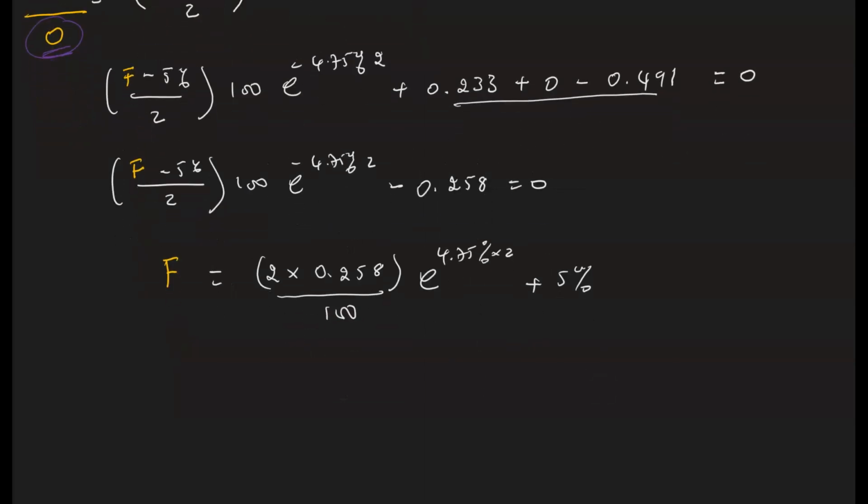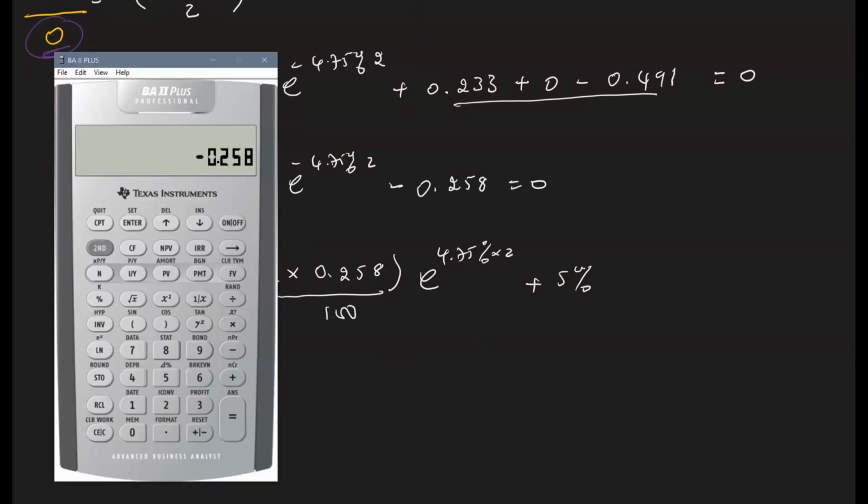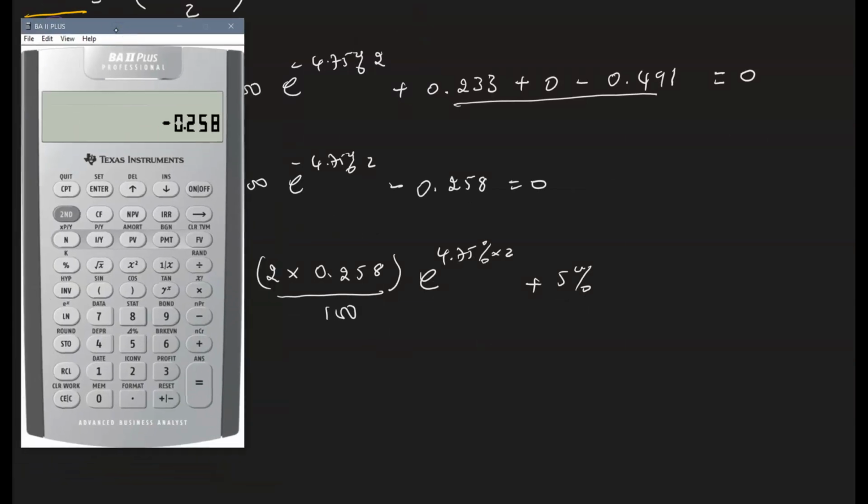There we go. So let's compute this. We're going to have the following: 4.75% multiplied by 2 equal, we're doing the exponential, we multiply by 2, we multiply by 0.258, we divide by 100, we add 0.05 equal.